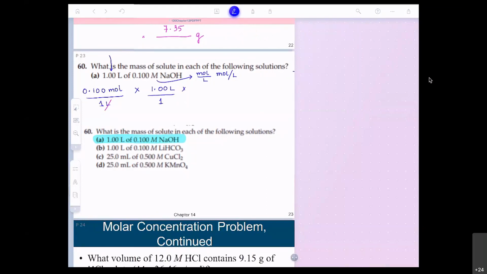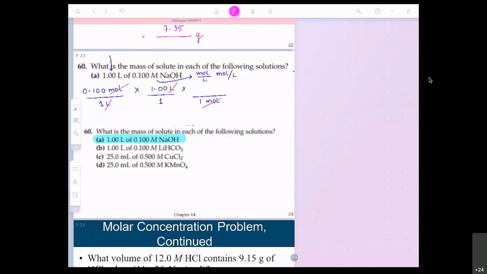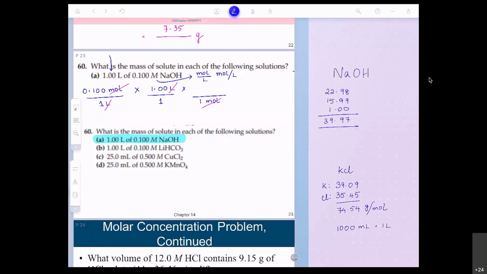So now you cancel out the liters. Now I want to cancel out the moles, so on the bottom you write 1 mole of sodium hydroxide. The moles get canceled. How much does 1 mole of sodium hydroxide weigh? It's 39.97 grams. See how you get the answer now in grams.